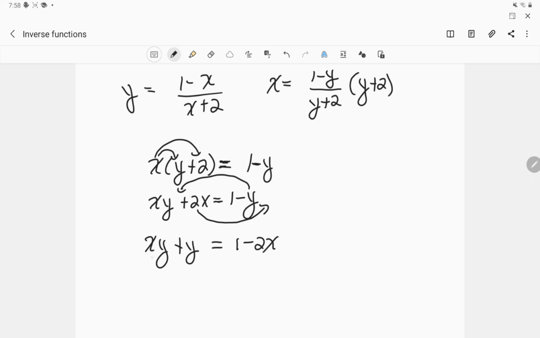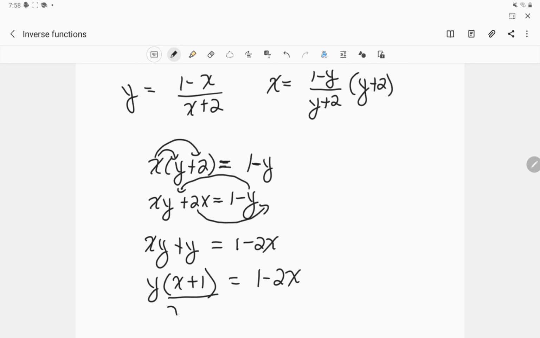So now I have xy plus y. Y is a common factor here. I can take it out as a common factor. If I take it out of xy, I just have x left. If I take the y out of here, I just have 1. So y times x plus 1 is equal to 1 minus 2x. So now remember, I want the y by itself.